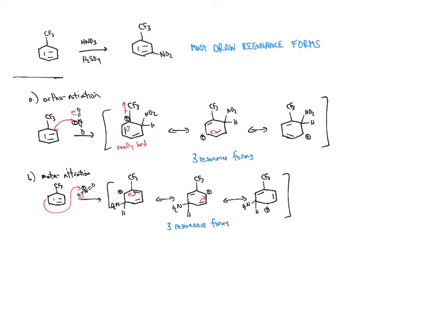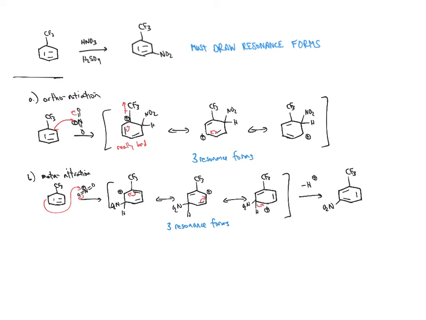And so if we were to analyze these resonance forms with respect to the other 3 in the case of ortho nitration, what we'll see is we don't really have any really bad resonance forms, because the positive charge alternates on the different carbons. And so what can happen here is we can, of course, get loss of a proton. If we get loss of a proton, reestablish aromaticity, we're going to get the meta-nitro trifluorotoluene.